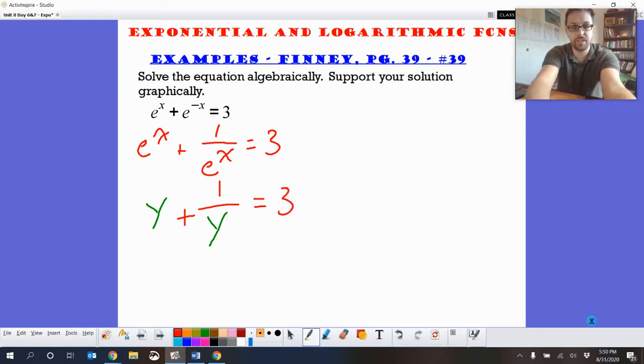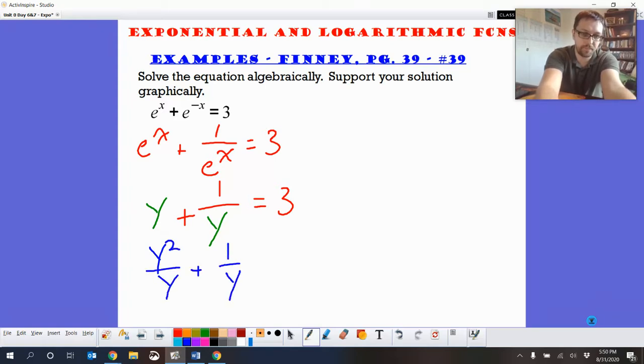It just kind of cleans it up a little bit, so the other solving things we're going to be doing will be a little bit easier. We actually use this for derivatives. There's a u substitution form of derivatives that we do for calculus, so we're kind of practicing that right now. Now I want to get those two fractions put together. So I'm going to make that a y squared over y plus a 1 over y equals 3.